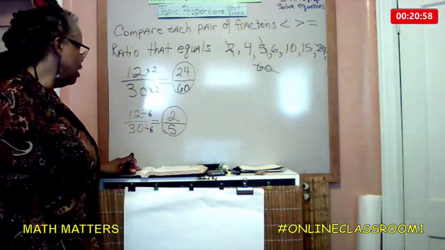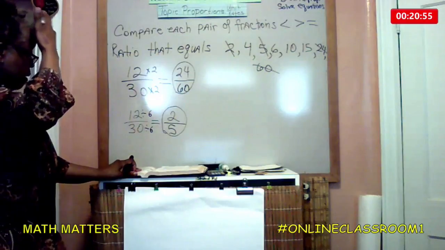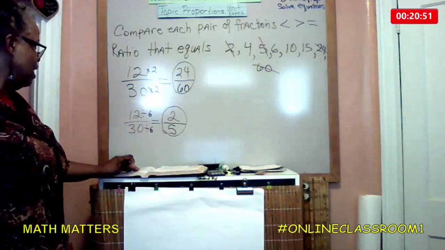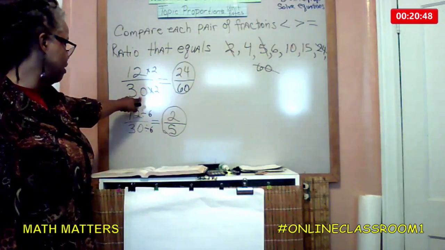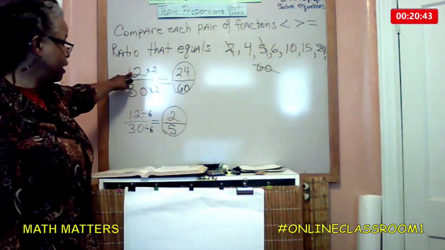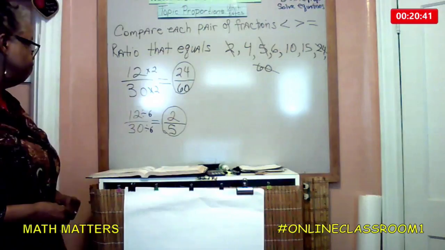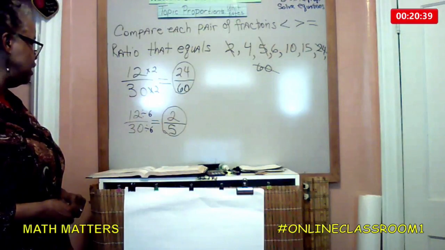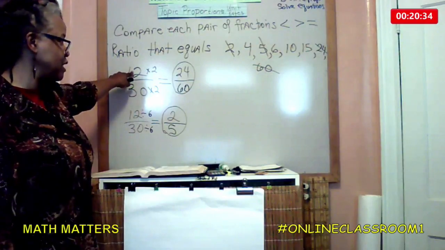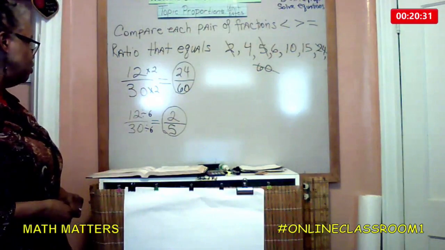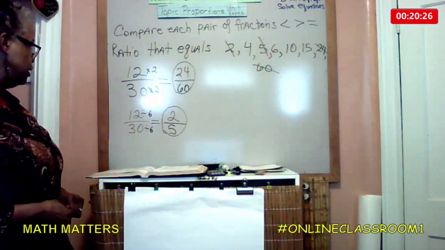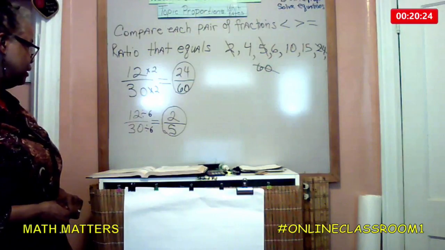Okay? Now, another one that I can use. I can use the 10, even though I can divide 10 here, I can't divide 10 in my numerator evenly. I don't think I'm going to use the 15 either. I can divide 15 here, but I can't divide 15 there. But we use the 2, we use the 6.